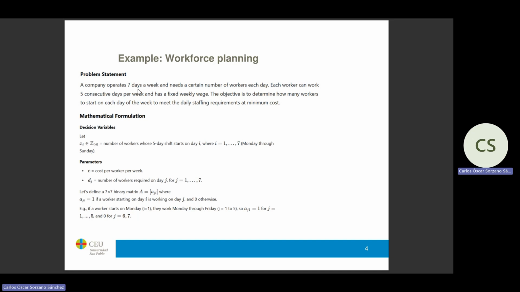So once a worker starts working on a particular day, the next 4 days will also be 1. Okay, so that is what is explained there. So you see that the number of workers that start on every day has to be an integer. So either 1 or 2 or 3 or whatever, but it cannot be 2.5.